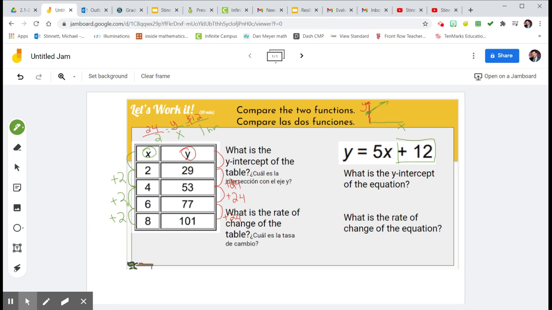Okay, so instead of going down the table, what if we went up the table? And what if we went up the table and we subtracted 2, or we changed it by 2, from here to here is 2, but if we went back 2, what would this be? Let's see, we went from 8 to 6, 6 to 4, 4 to 2, 2 to 0. It would be 2 to 0, okay?